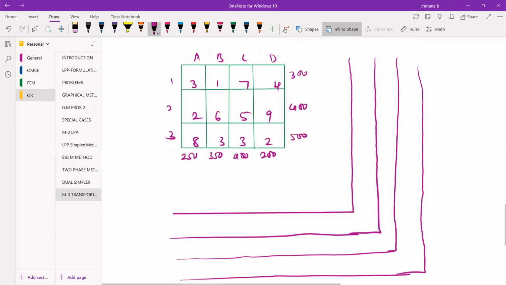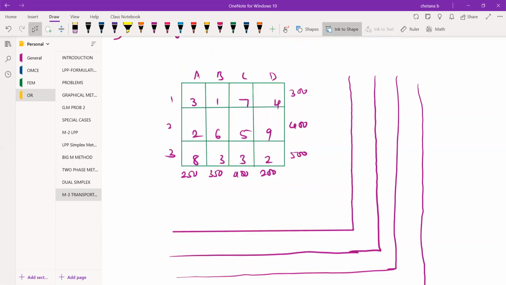Now, what you need to do here in the VAM method is, first you need to see row wise which is the lesser value and which is the next minimum value. You need to take the difference of those minimum values.